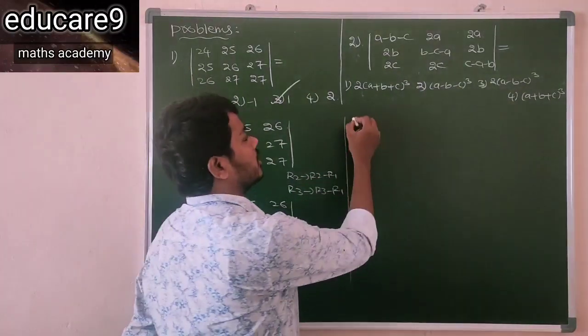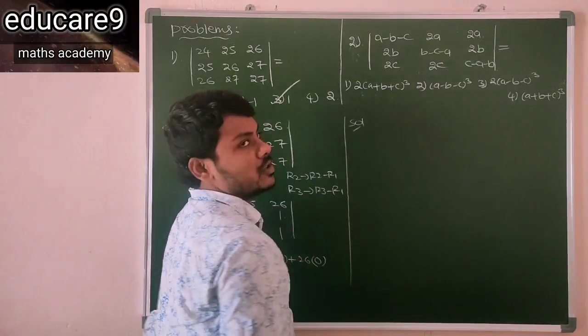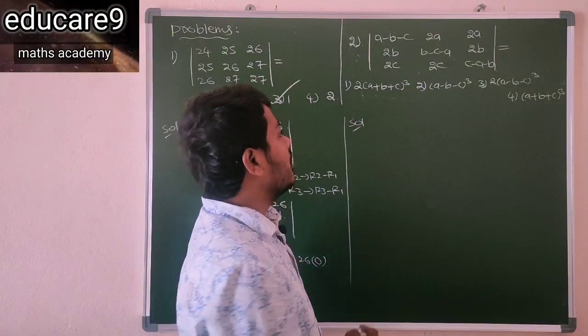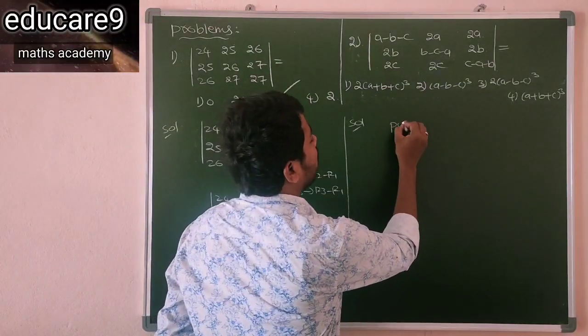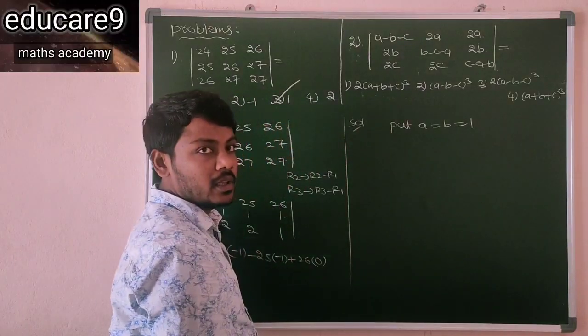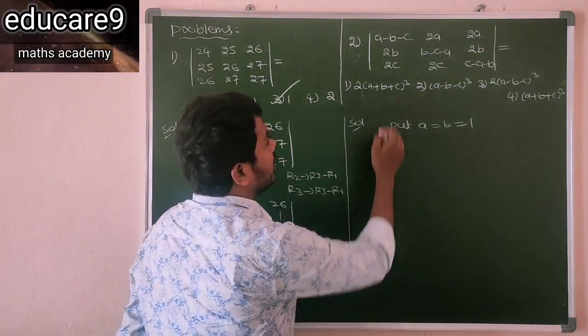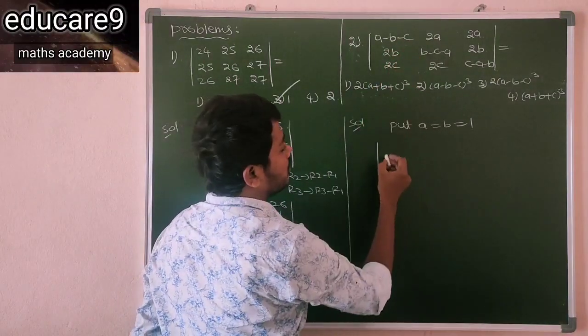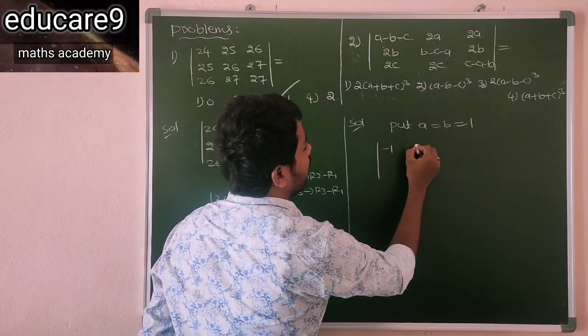Next, see the second question. Find this determinant value. So here put a equal to b equal to 1. Then what do you get? a minus b minus c, that is 1 minus 1 minus 1. You will get minus 1.